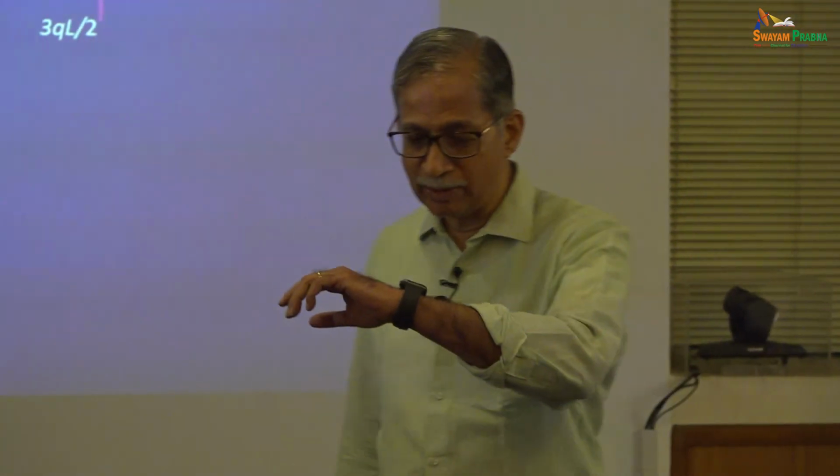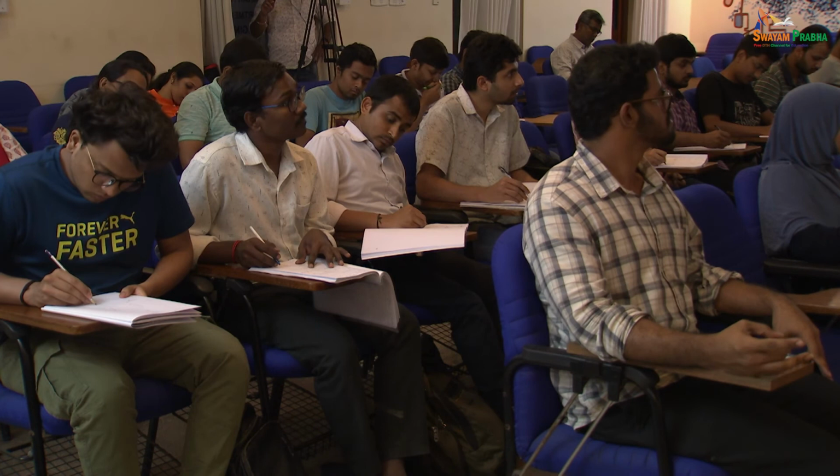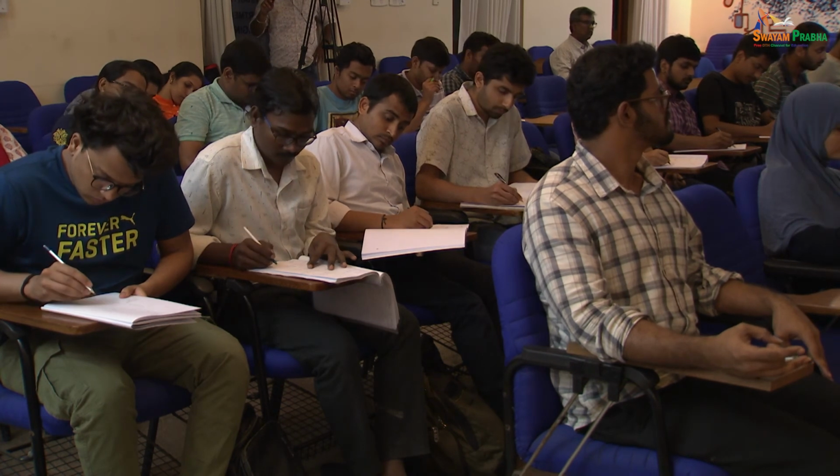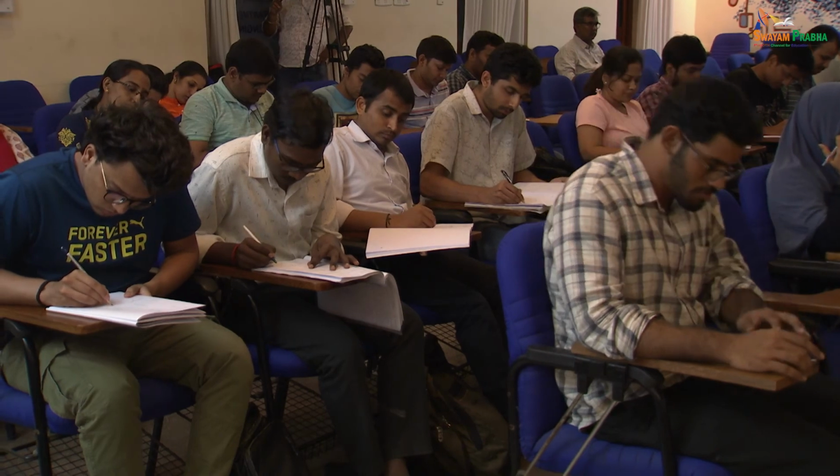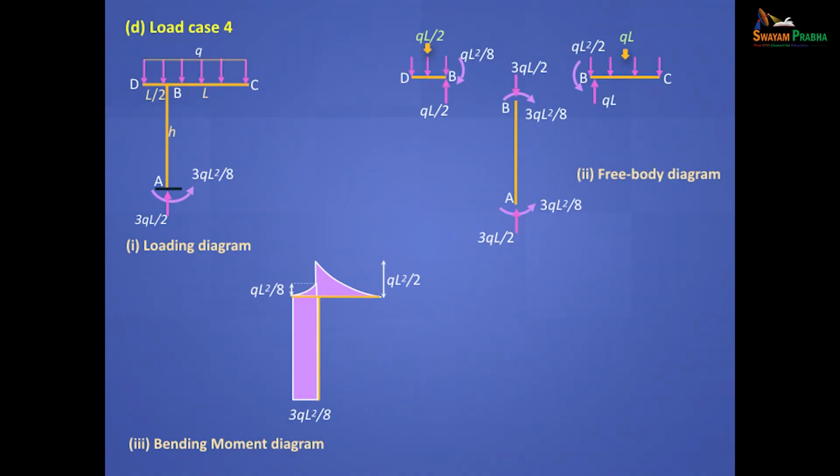Draw this bending moment diagram. This will look like this. You have a high moment in this cantilever because of the larger span. You have a smaller moment in this, which is 1/4 of this moment.